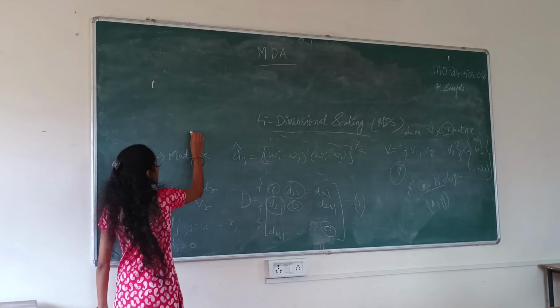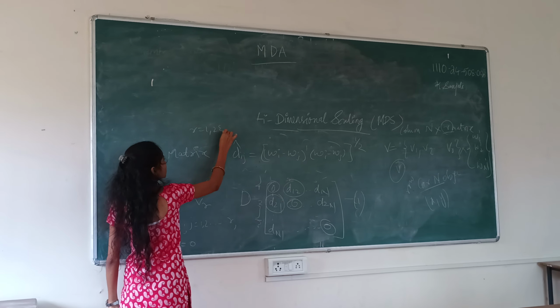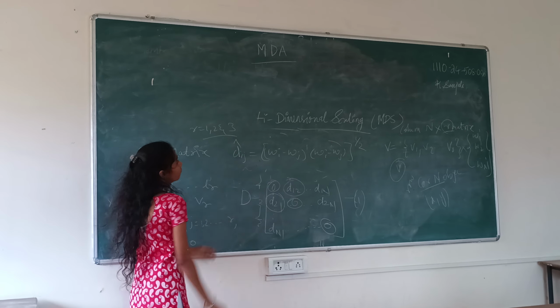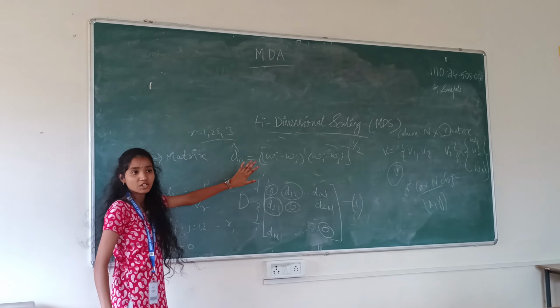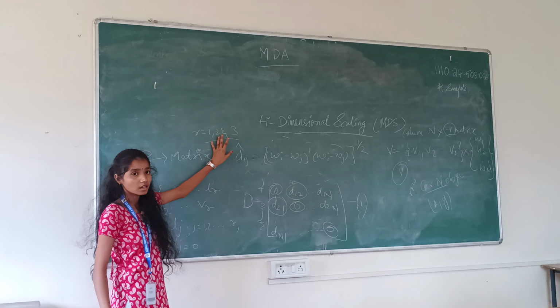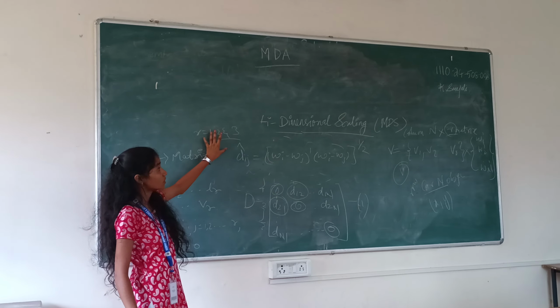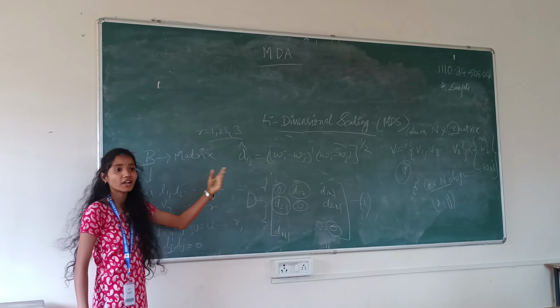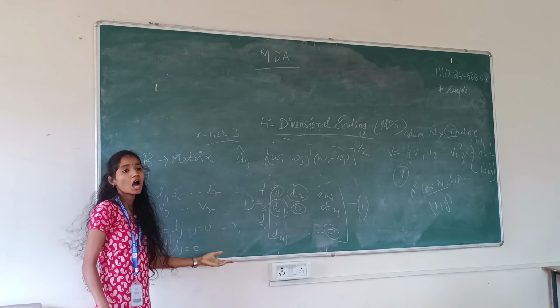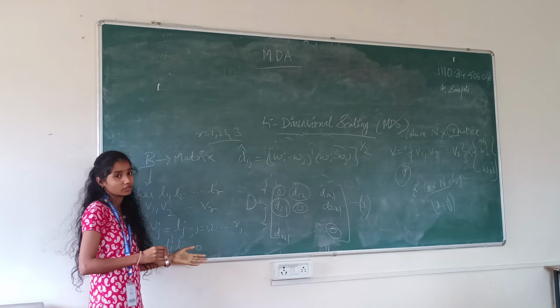And if we take r equals 1, 2 or 3, we can plot the r-dimensional space, or r coordinates, of our objects. This makes sure that we identify the relationship between the objects, how they are similar and how they are dissimilar.